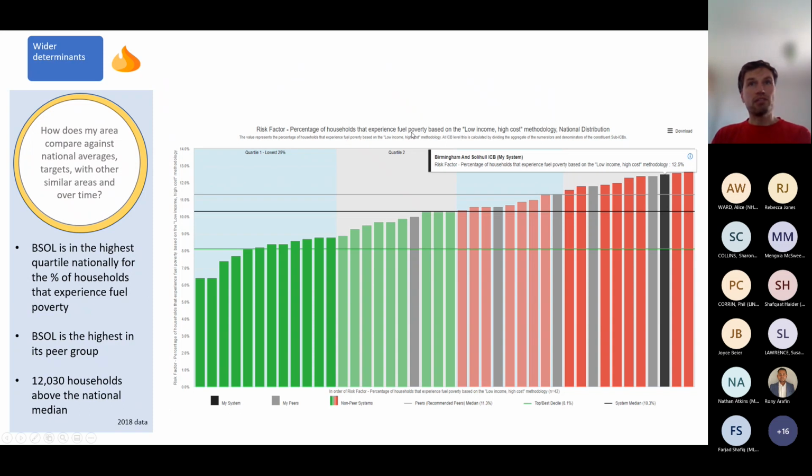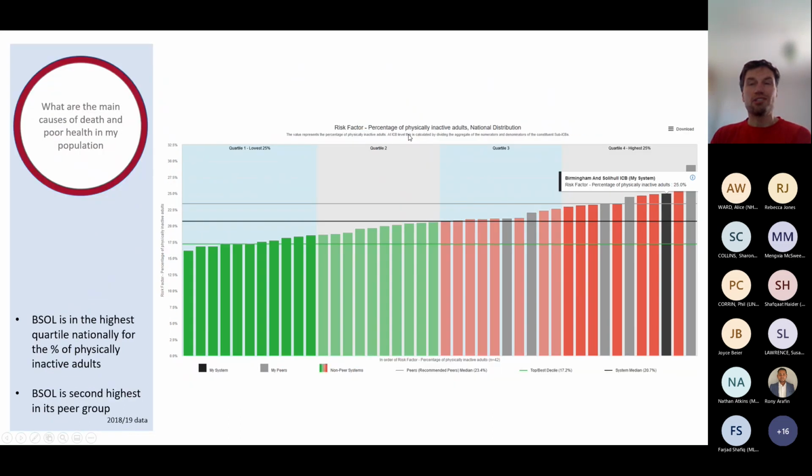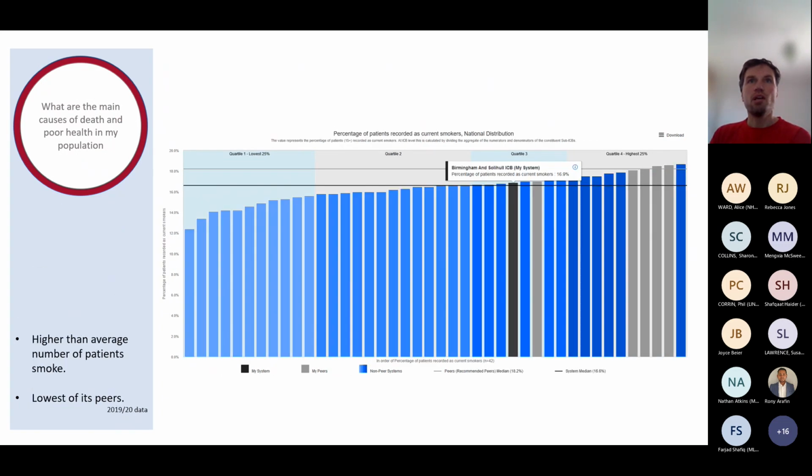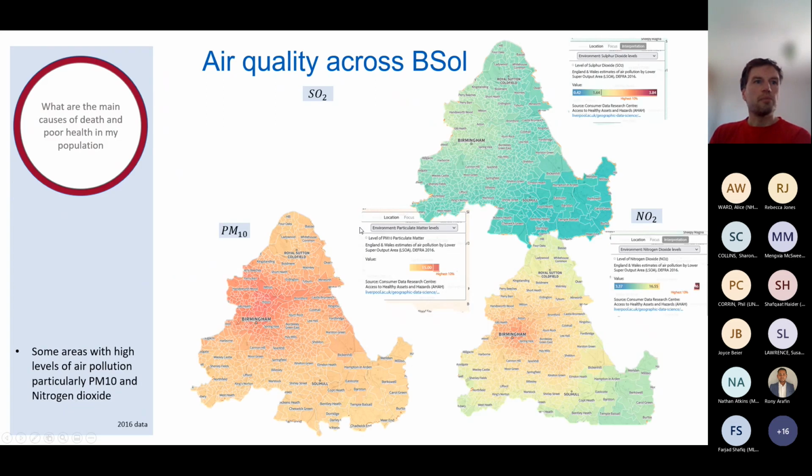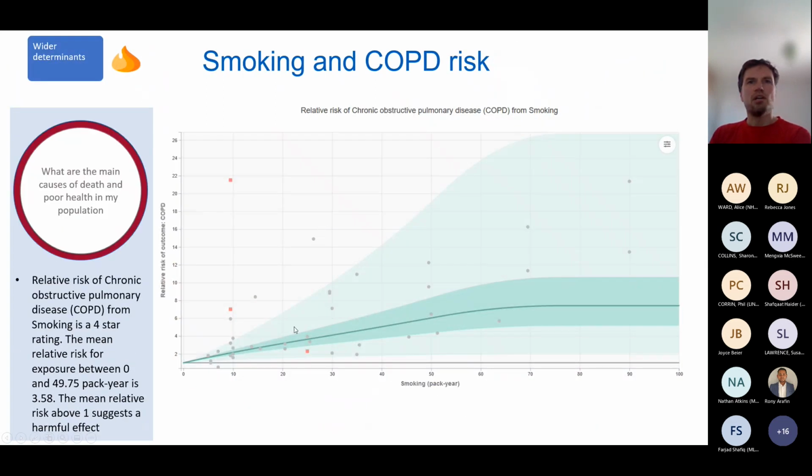So again, fuel poverty, another wider determinant of respiratory conditions and poor health in general, physical inactivity, smokers, and then this image is from the Global Burden of Disease tool, which provides an evidence base for the things you've chosen, which is quite nice.